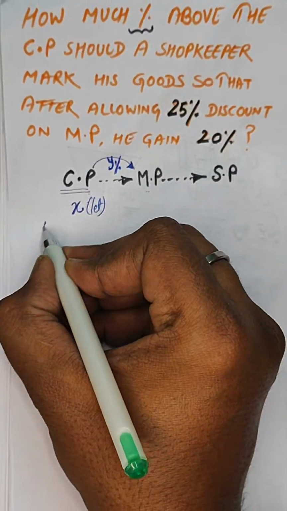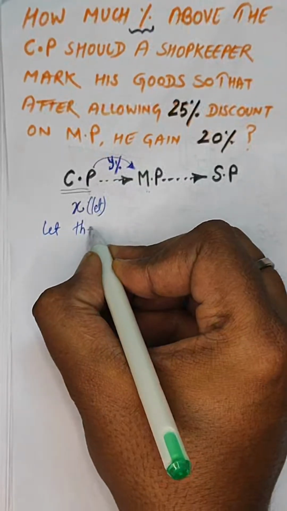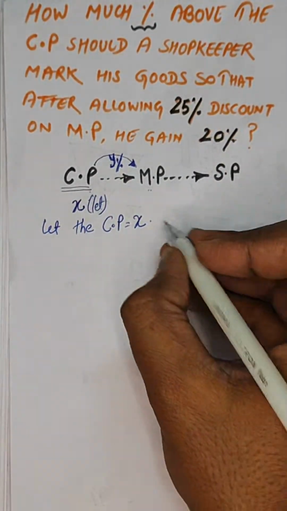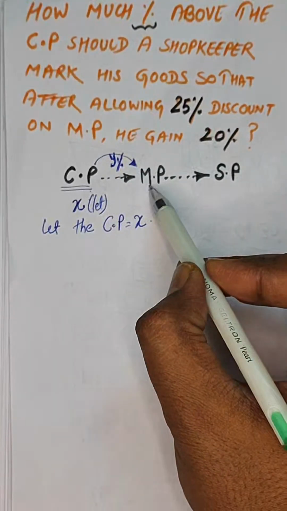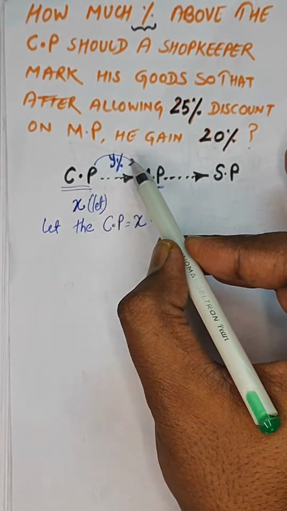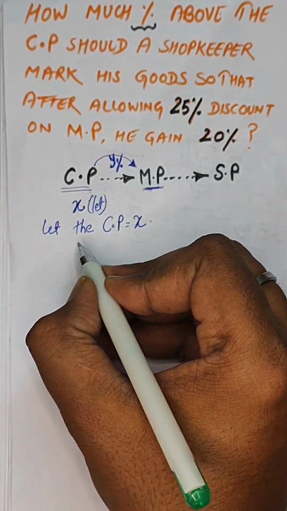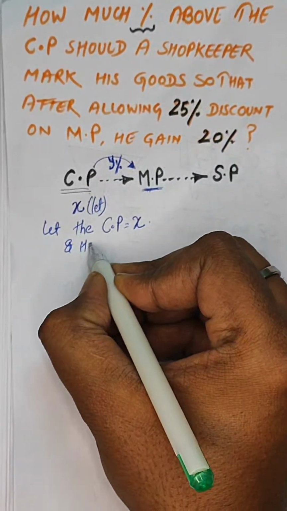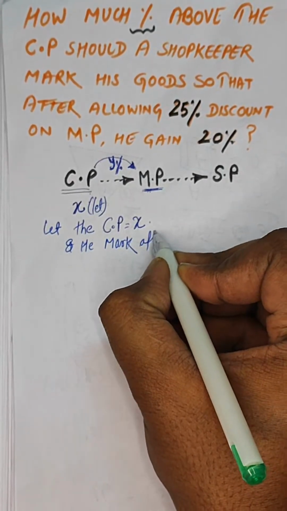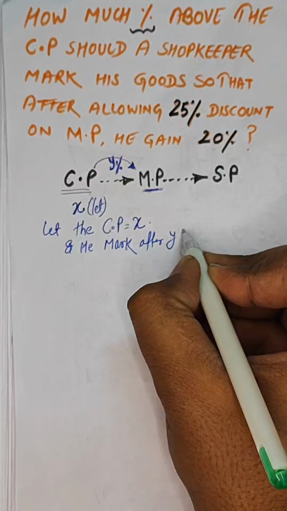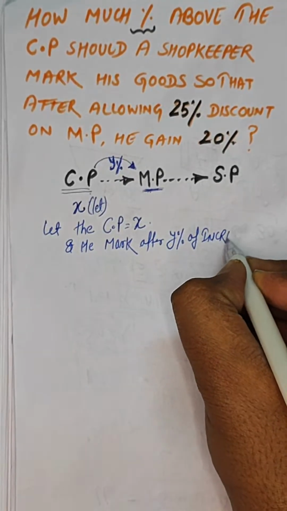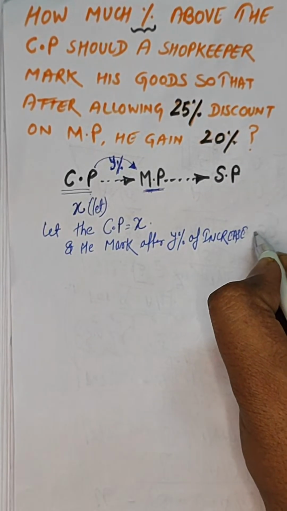So let me write it. Let the CP be equal to X. If the cost price is X, then to make a profit, the shopkeeper increases the price by Y%, let us assume, and he marks after Y% of increase on CP.